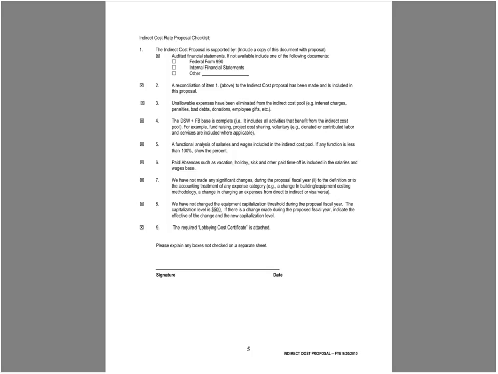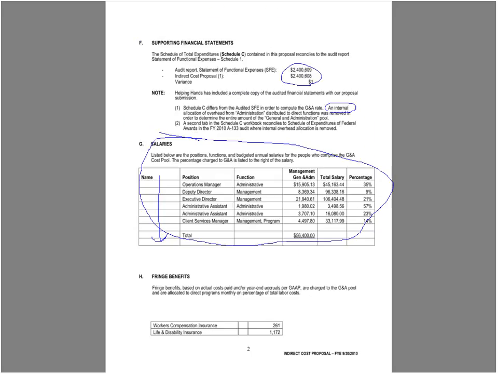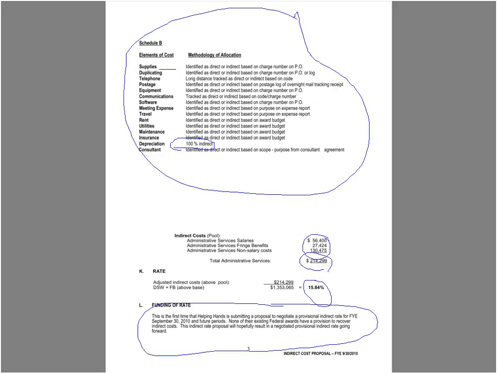I'm surprised they didn't put research and development in there, because if you had any research and development, that would go in there too. Did you do a functional analysis of the wages in the indirect cost pool, which you did? Remember that? That was done up here, right in this area. Whoops, sorry, in the G&A line here. It's hard to move this thing and make it work right.